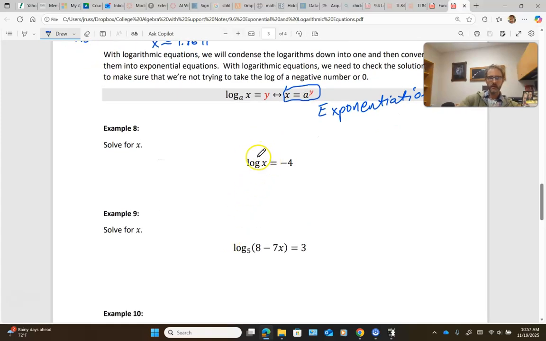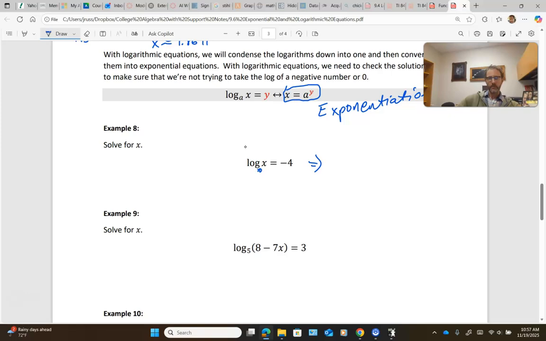This is log, the common log of x is equal to -4. So we're trying to figure out the common log of what number x would be equal to -4. Well, we're going to exponentiate this. And to do it, you've got to remember that the common log has an understood base of 10.